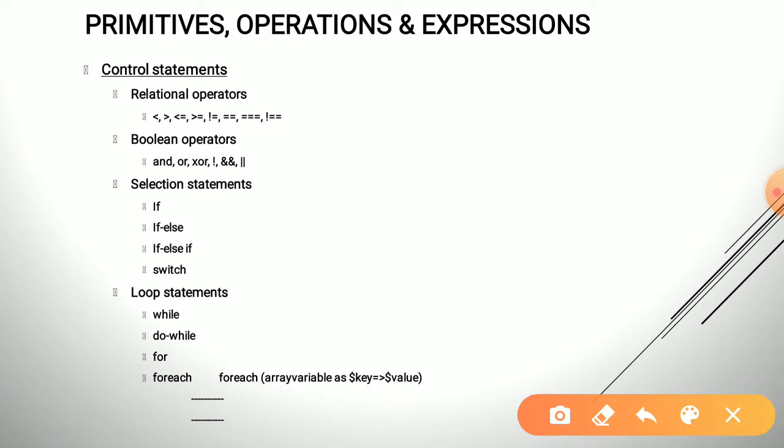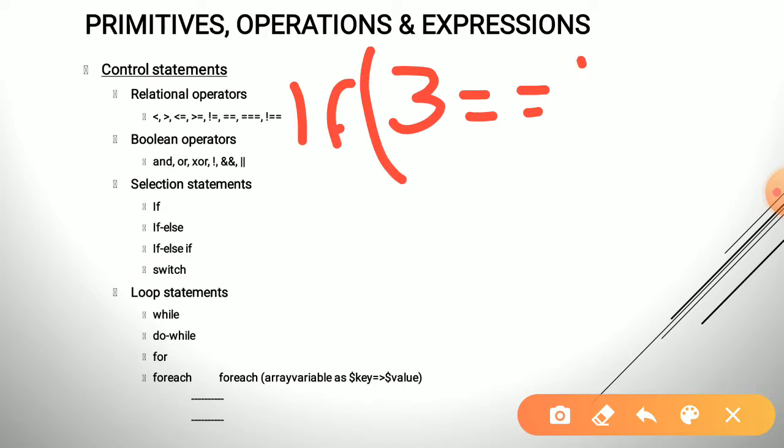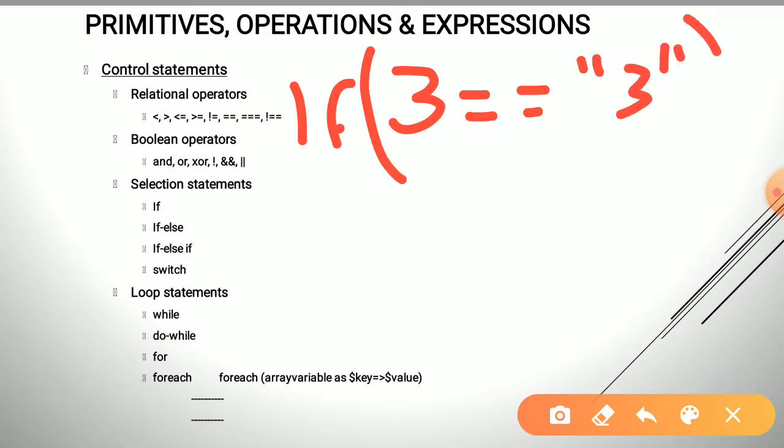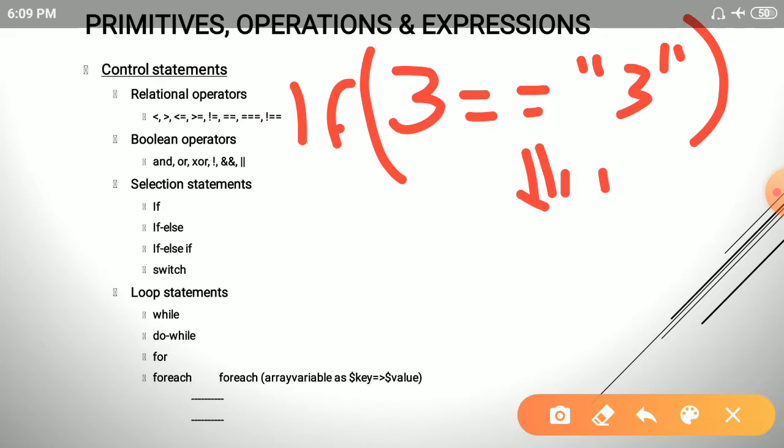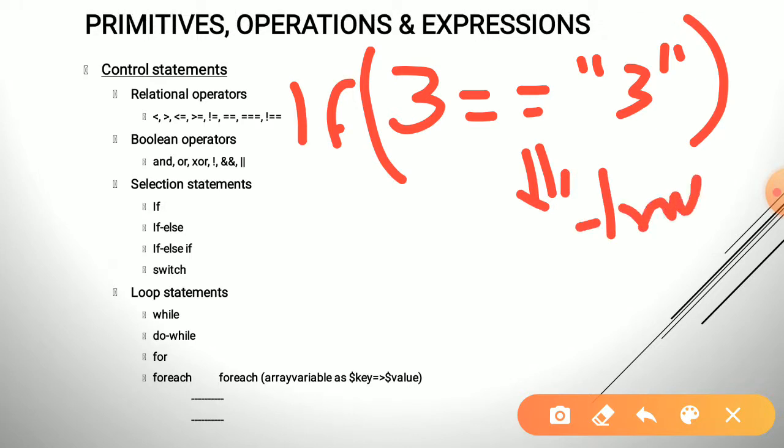Suppose we write 3 double equal to the string "3", then it will return true. That means we are comparing an integer value with a string value, but the value is the same. The data type is different but the value is same. So if we are using double equal to, it will return a true value.